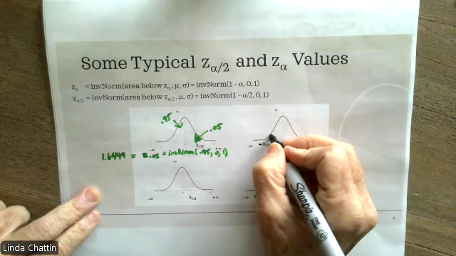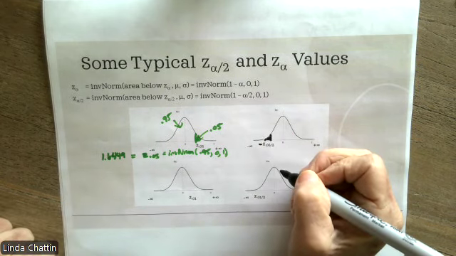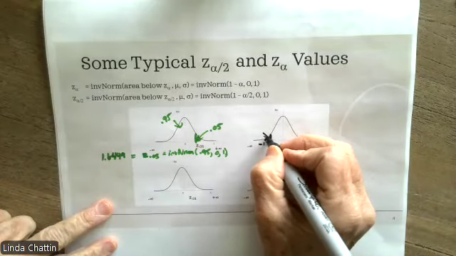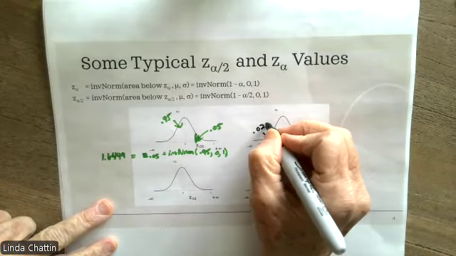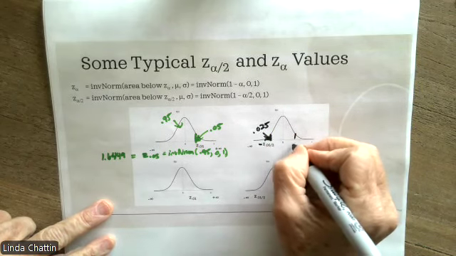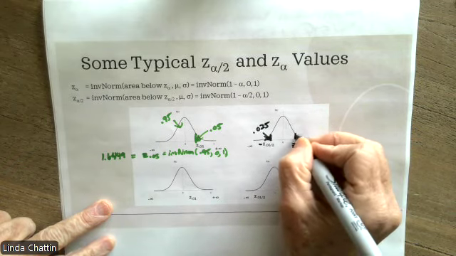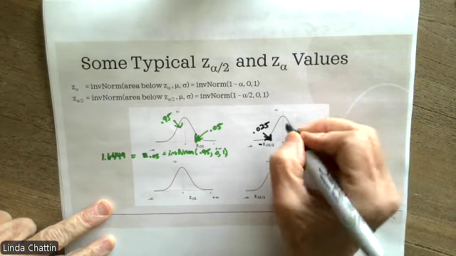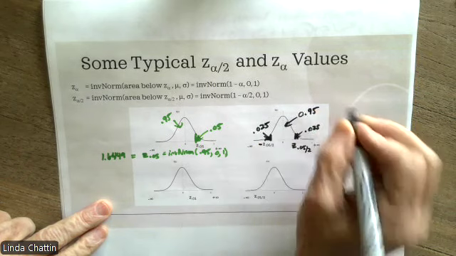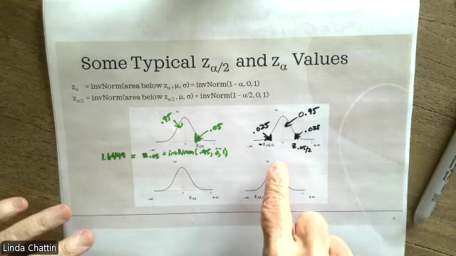What this means is that the area below is 0.025 here, and if it was a positive value, z of 0.05 divided by 2, this would be 0.025. Therefore the value in the center part would be 0.95, because the whole thing has to equal 1, right?